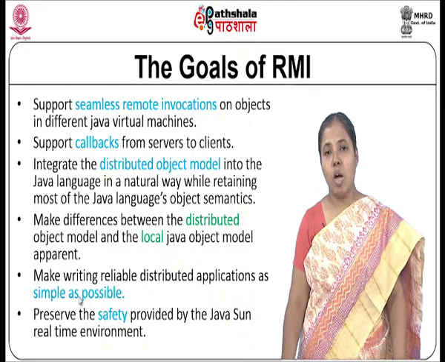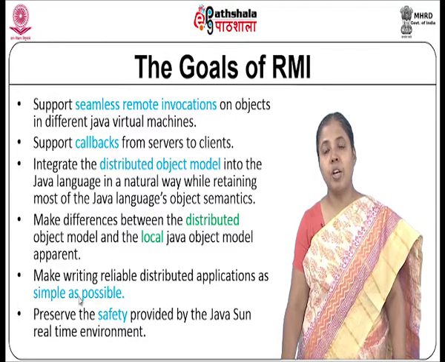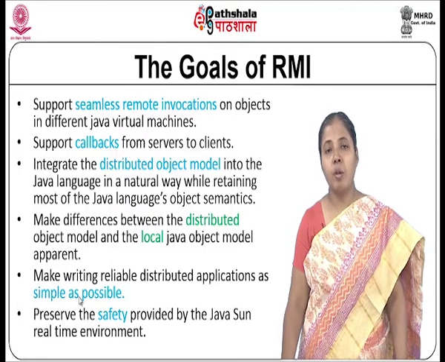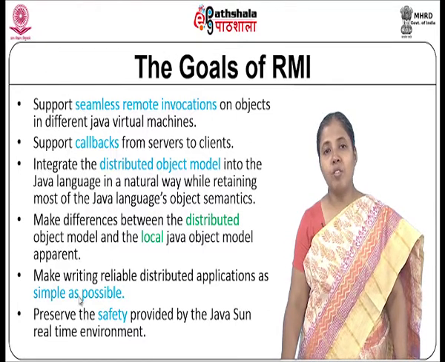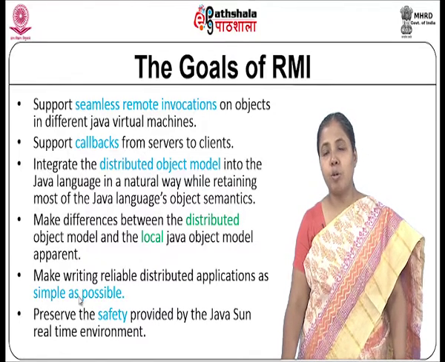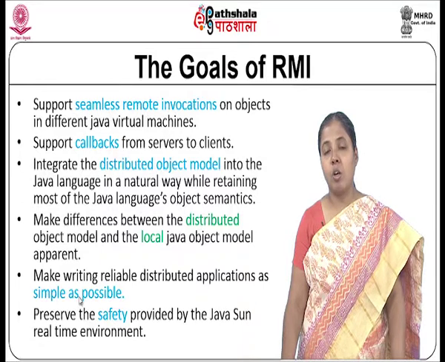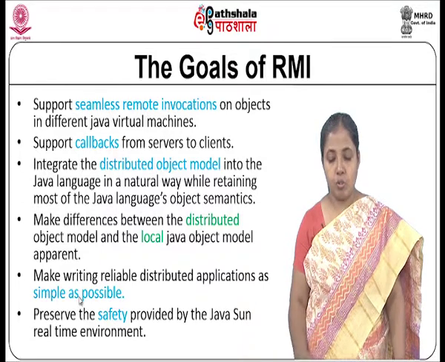These are the different goals by which the RMI mechanism was developed in order to build distributed applications. So RMI was developed to provide seamless remote method invocations, and it is very simple and flexible for writing remote procedure call code with the Java language.